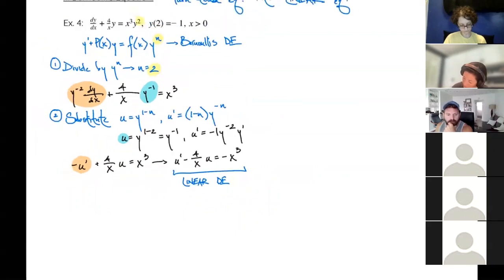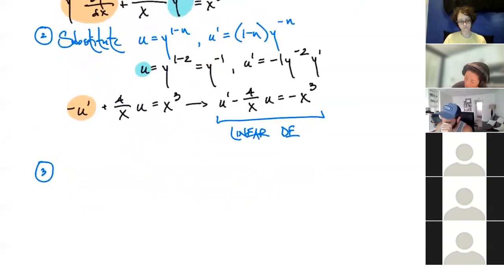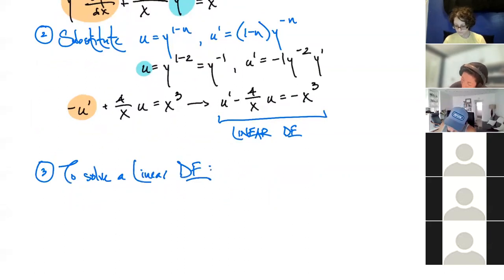All right, so let's go ahead, and when we think about a linear differential equation, so to solve a linear differential equation, let's go ahead and begin by finding our mu, our magical multiplying function, or our integrating factor.